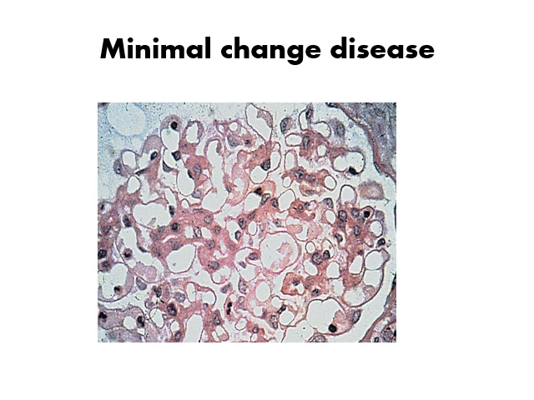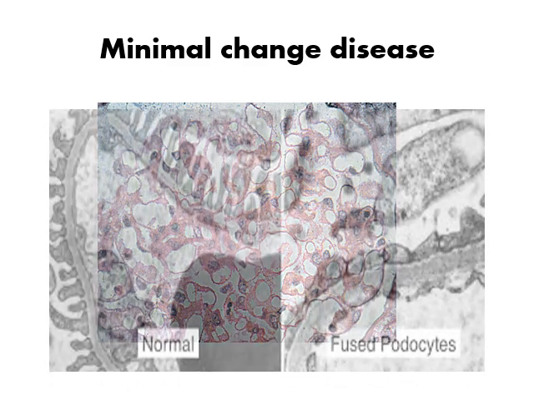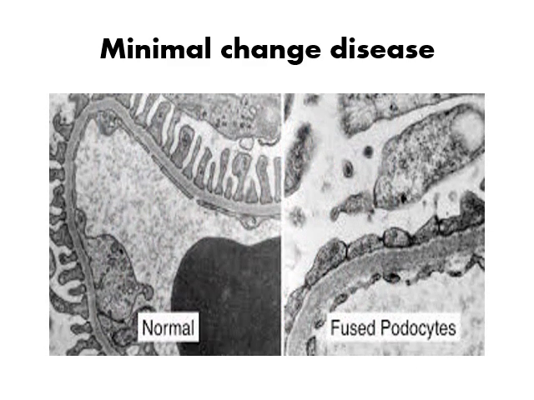But this picture changed when electron microscopy was used in clinical practice. Because when electron microscopy is used, we can see a profound difference between both pictures, comparing the normal versus the glomeruli of minimal change disease.